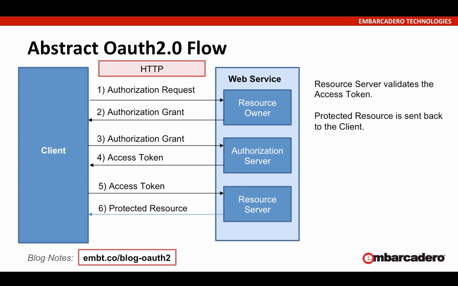Now, steps 5 and 6 will, in application, sort of happen in a loop, in that once the access token is obtained, steps 5 and 6 are really all that's required to obtain a protected resource.